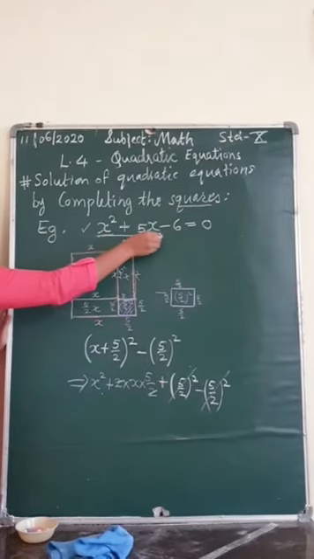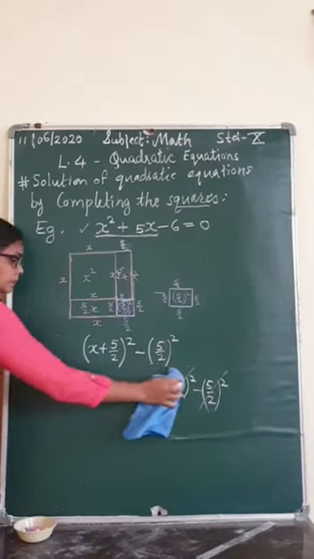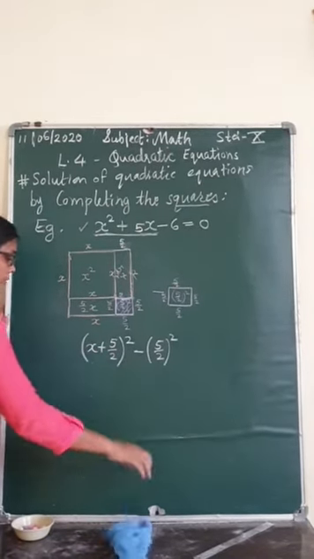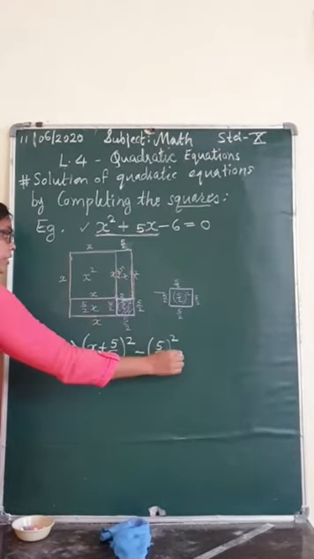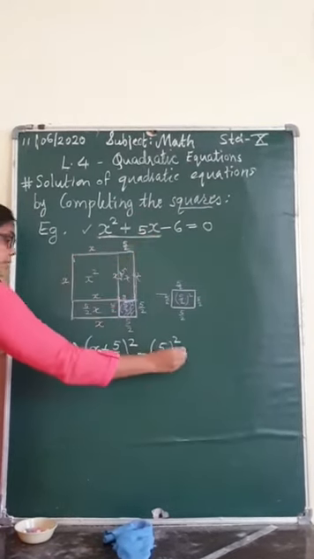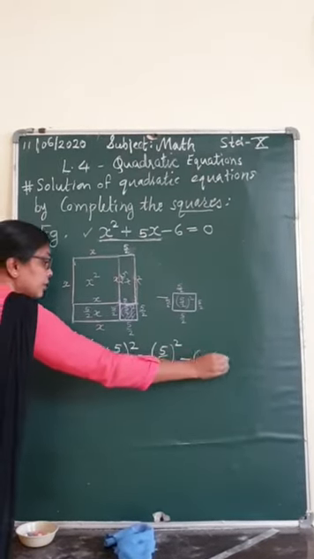You know that till here our representation is this, right? It is similar to this, but now we have an extra minus 6, is equal to 0.